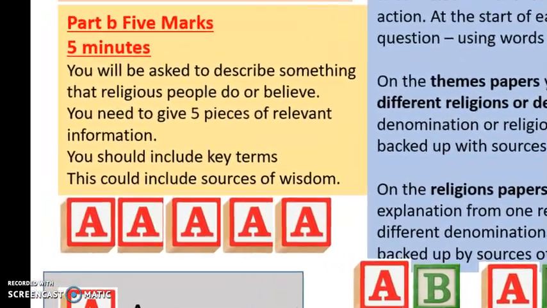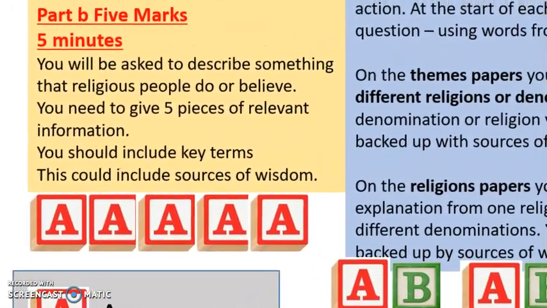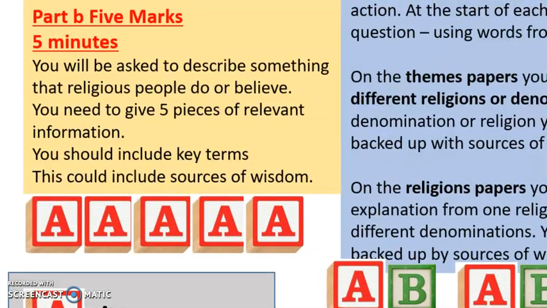Then there are the Part B questions, and these always begin with the word describe. And so you will be asked to describe something that religious people do or believe, or also to describe a term from the specification.